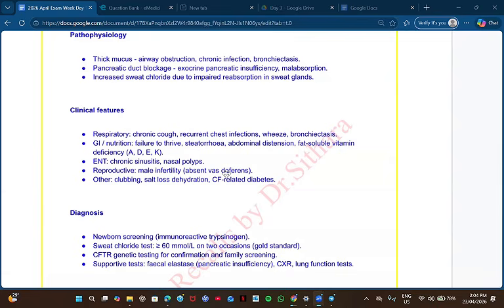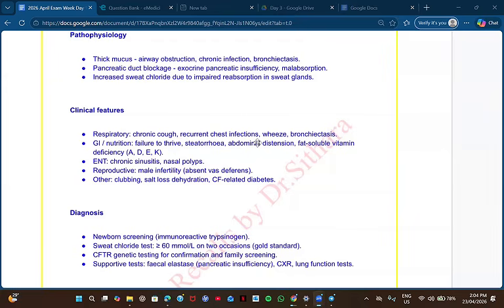And remember, in I think 2024 or 2025, not very clearly remembered, they gave a scenario with a cystic fibrosis child and asked what is the reason for male infertility. The reason is absence of the vas deferens. Very important. Remember, in the TG they have clearly mentioned this, all from TG.